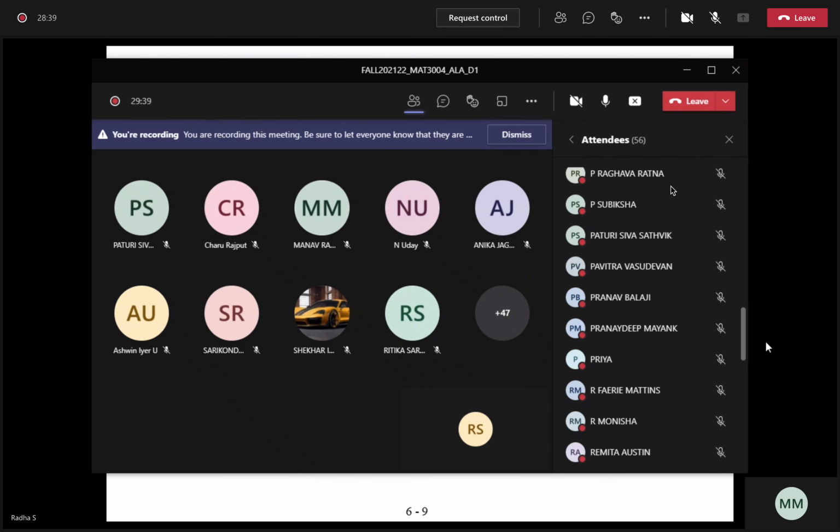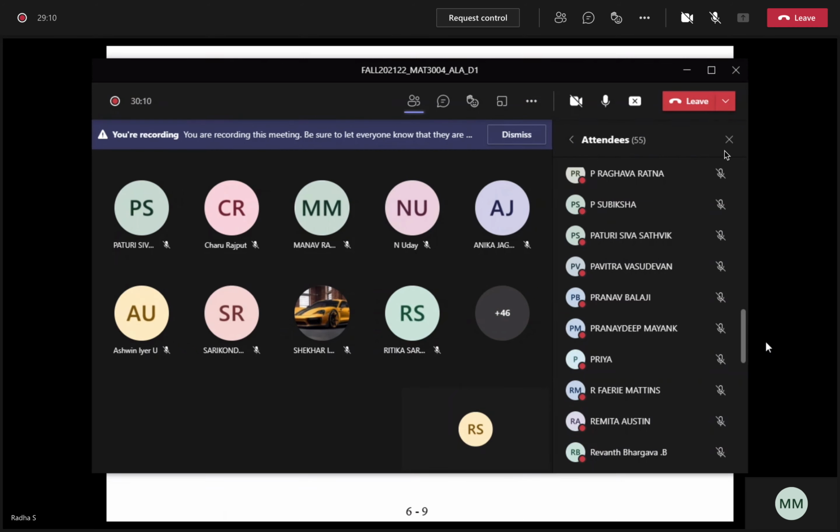So I think many people are just logging in and then doing some other work, or they are not present even in front of the system. Pranav. Okay, Raghava. So all these people, shall we mark absent? Okay, Remita.